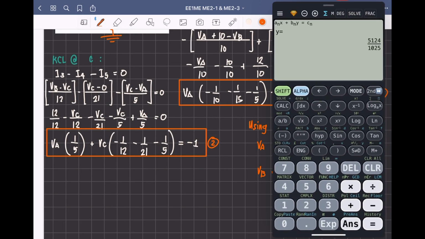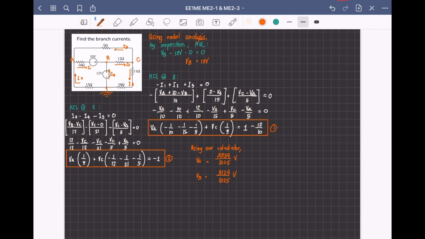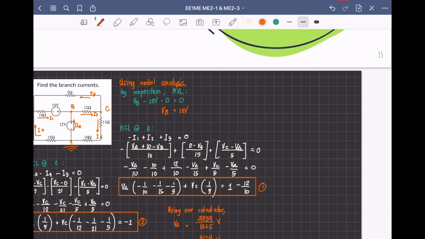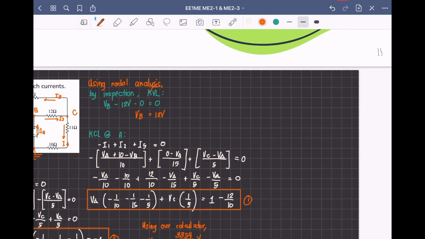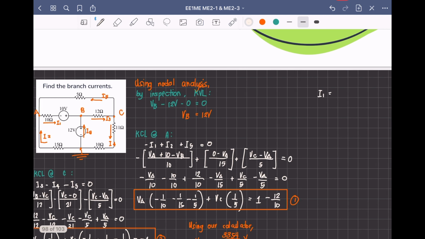Okay, next. Let's move. After being able to solve for VA and VC, we now can solve for the currents, right? So let's start with I sub 1. Similar to the notes that you already have, I've written I sub 1 on the right side of my paper. I1 is equal to, you can go back to your circuit to trace again, or you can just go back to your equations. Do not include the negative sign outside.